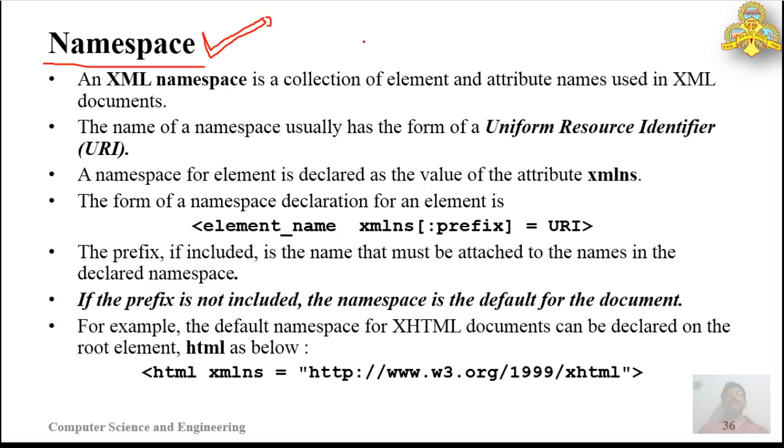For example, in HTML we have the table tag. If you are creating furniture details as an XML file, there is a possibility of another table which provides information about a furniture type.